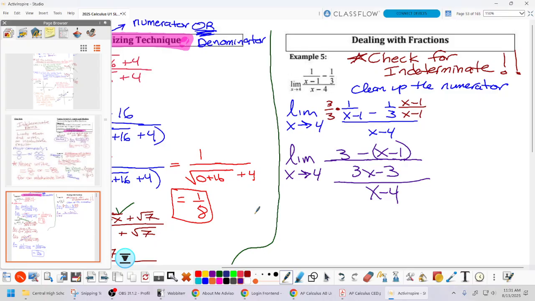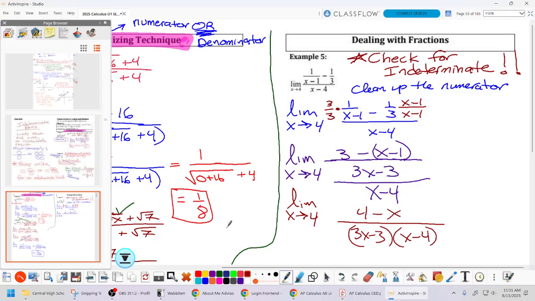Yes, you can, but I would like to write another step before we cancel, and we can't cancel the 3, not like what you're saying. Here's what I would recommend. If you have a denominator in the numerator, shove it down here with the denominator of the whole fraction. Like that. Okay, and then up here, 3 minus x minus 1 is really 4 minus x.